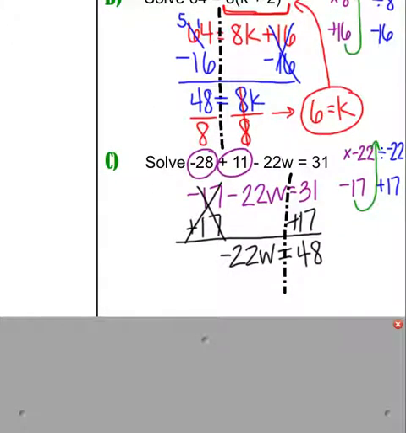Next, I'm going to divide on both sides by negative 22. And one thing you will notice once we cancel out the negative 22s to get w, I see right away, ooh, we've got a problem here. 48 cannot easily be divided by negative 22.